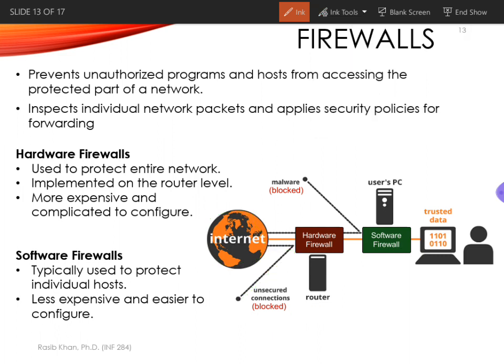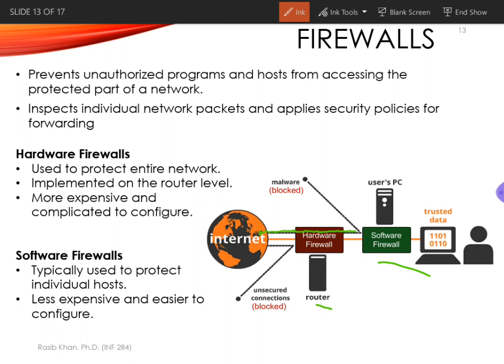However, let's say it is not exactly a connection that is being initiated from the internet, but rather a software which is now trying to get into my machine. The hardware firewall is not able to identify that particular malware. It could be a malware, it could be a virus or whatever it is.